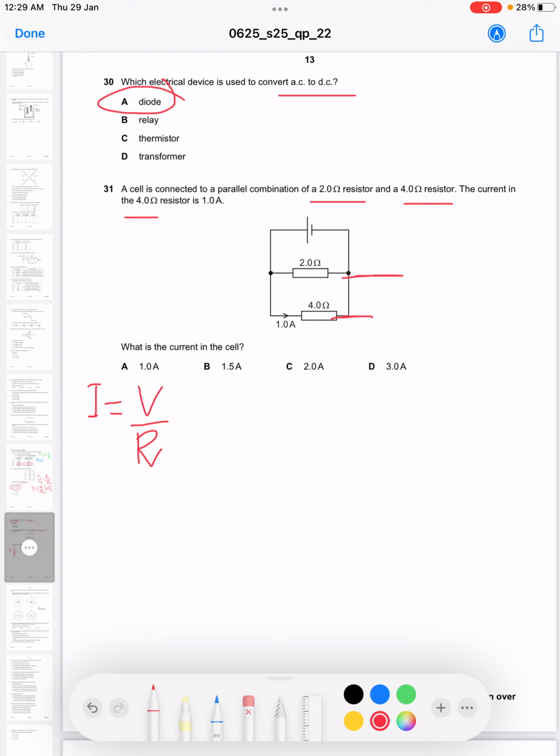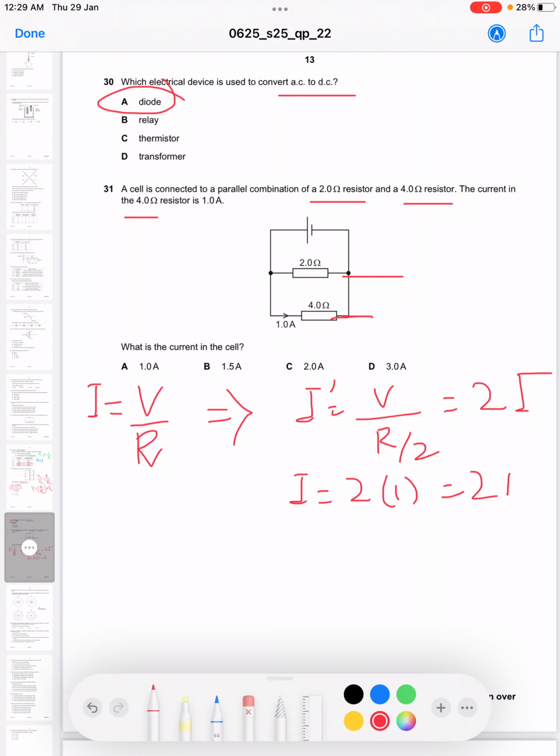In the 2 ohm resistor, the resistance is half. If we halve the resistance, R by 2, the current will increase 2 times, right? So if in the first case the current is 1 amp, in this case it must be 2 amps.